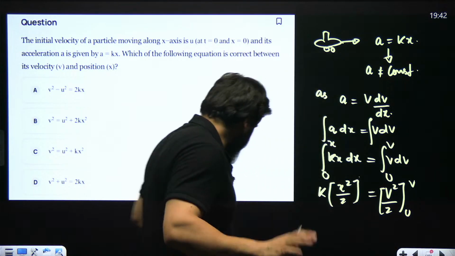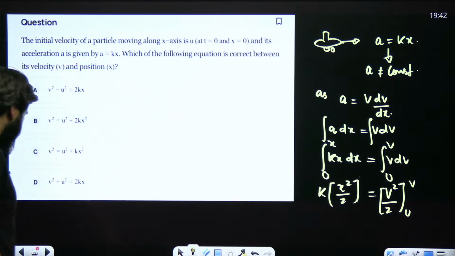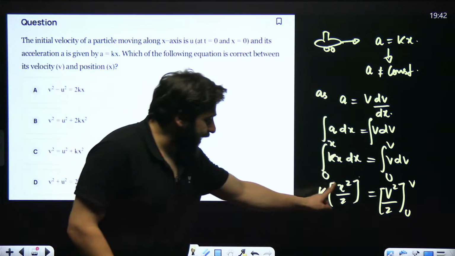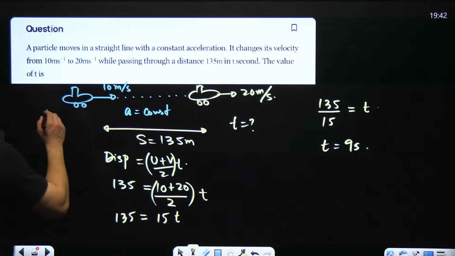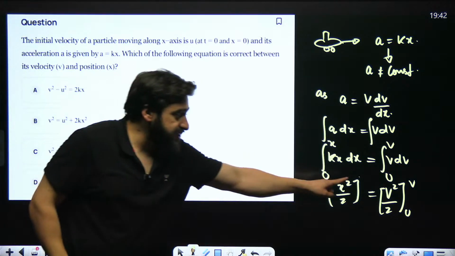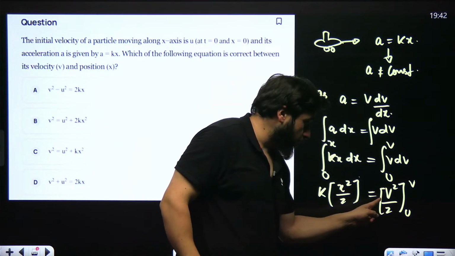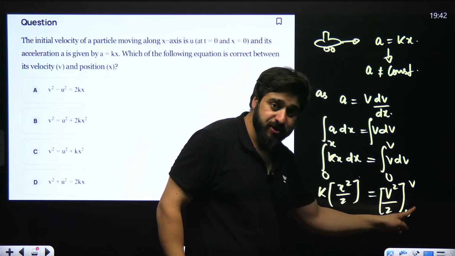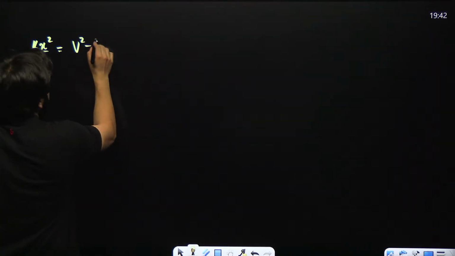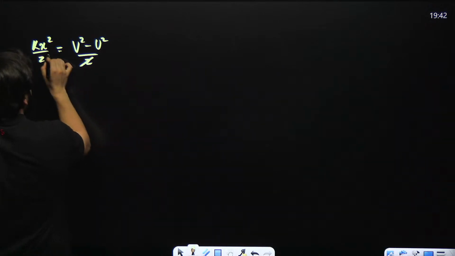Now guys, understand one thing over here. This is kx square divided by 2 is equal to, first you put the upper limit, then you put the lower limit. So v square minus u square divided by 2. 2 and 2 will cancel.